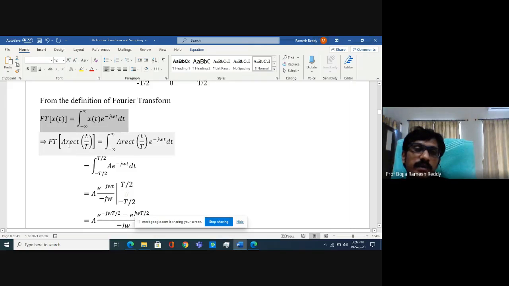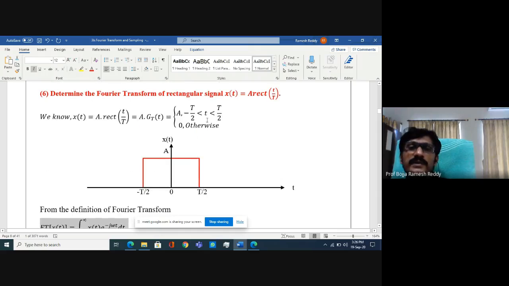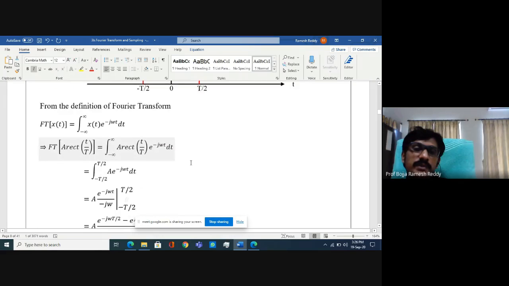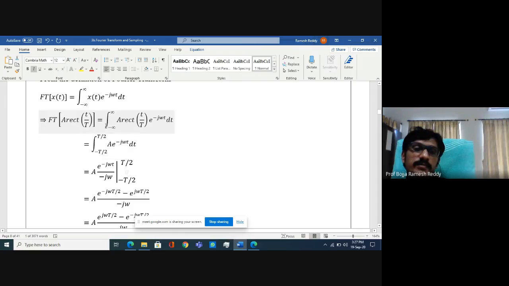Okay, A rect of t by T. Integral from minus infinity to plus infinity, A rect of t by T, e power minus j omega t dt. By the rectangular function definition, its amplitude is capital A between minus T by 2 and plus T by 2, into the remaining thing, e power minus j omega t dt.